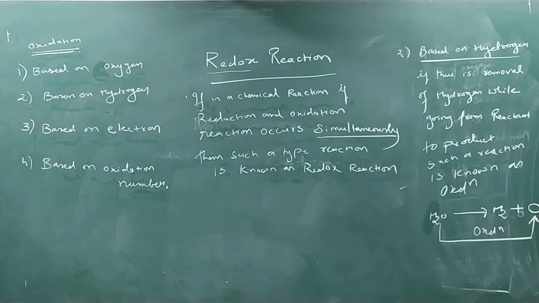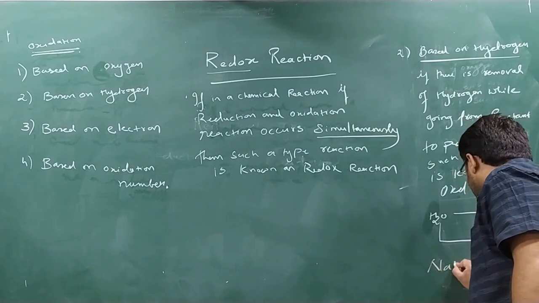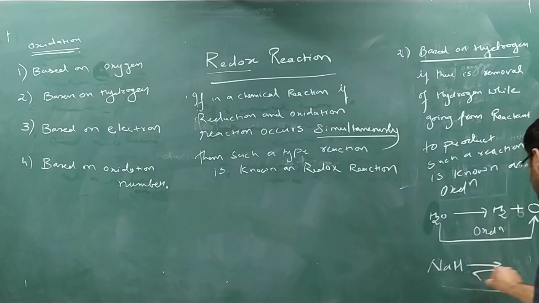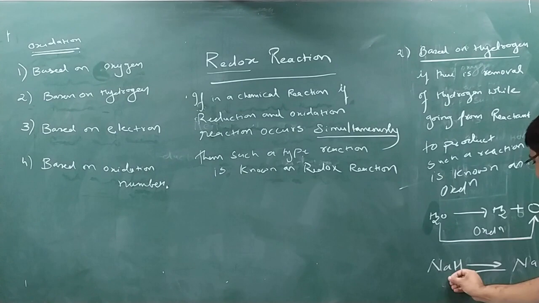Next, if I take sodium hydride and do the electrolysis, I will get Na plus H2. You can see that while going from reactant to product, there is a removal of hydrogen. So such a type of chemical reaction is known as an oxidation.